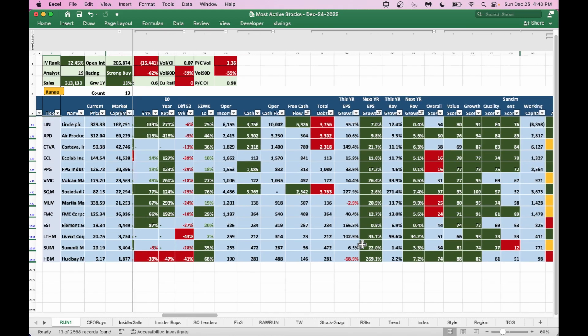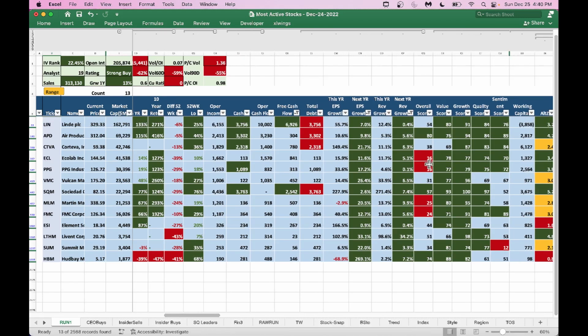Now look, we got overall score. Overall score is computed by stockrover.com, which is a great website for the folks who want to look at fundamental analysis. What I would do now is I don't want to really invest in a stock with a low overall score here. Look, we got CCL and PPG, low overall score.